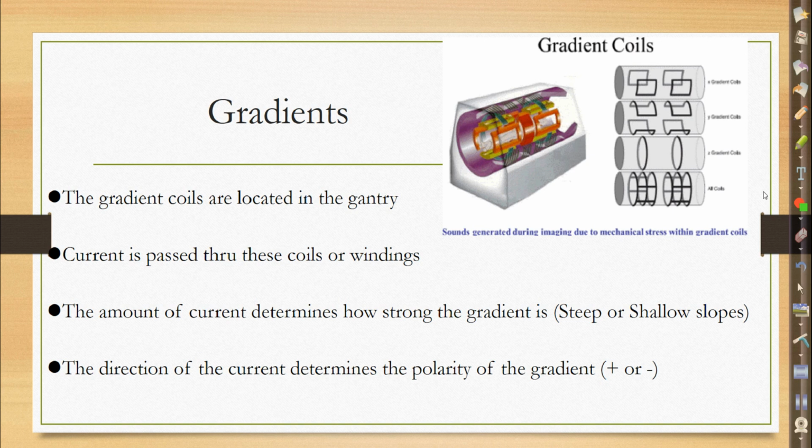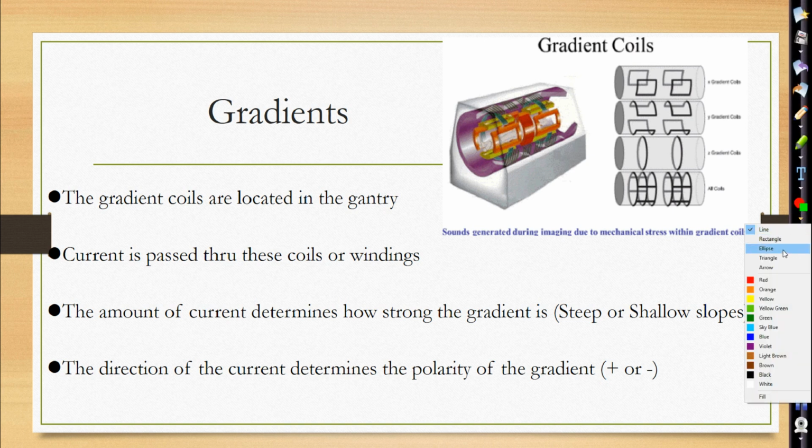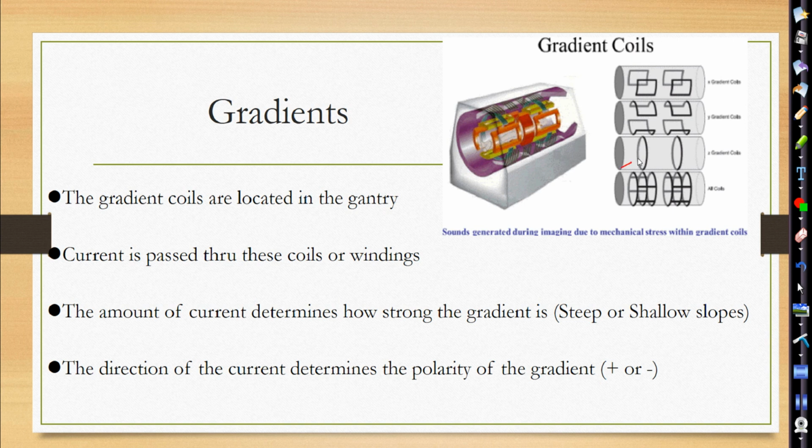So we get a linear slope that looks like this. Let me draw you a line. We get a linear slope that looks like this when we apply current in the clockwise direction towards the head and a counterclockwise direction towards the feet. So I'll type that in.